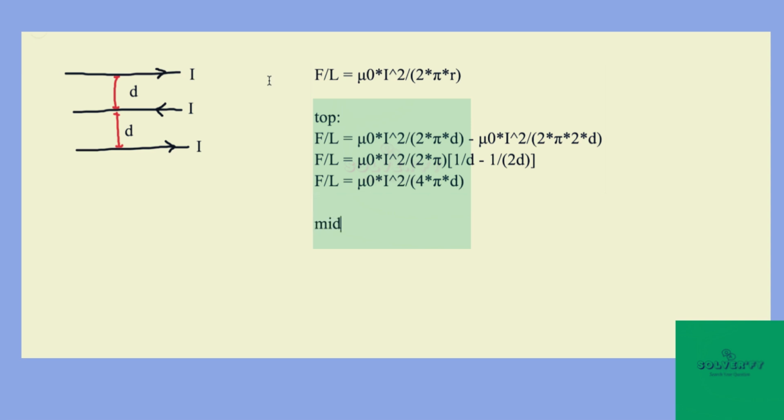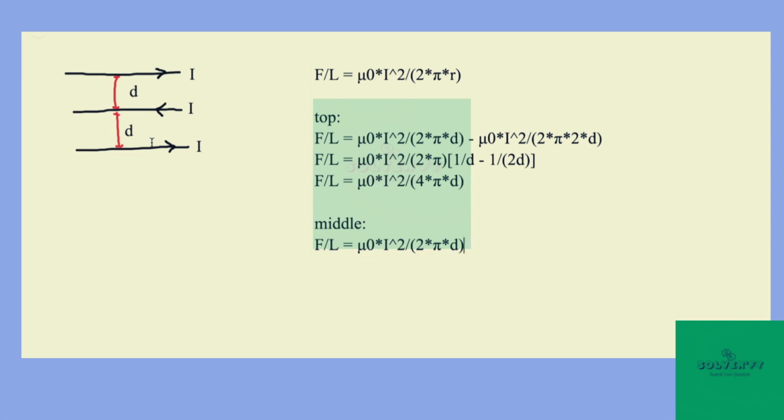Now let's think about the middle wire. We start out the same way, with F per L. Let's think about the force coming from the top wire. That's going to be expressed here because we have a distance d. Let's think about the direction of the force. Since these currents are in opposite directions, they're going to repel, so the middle wire is going to be pushed down by the top wire.